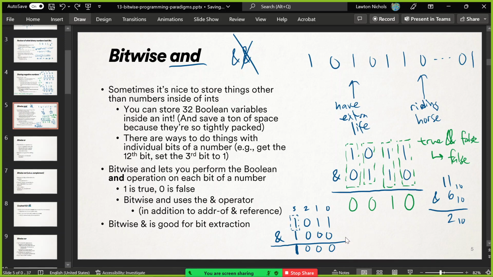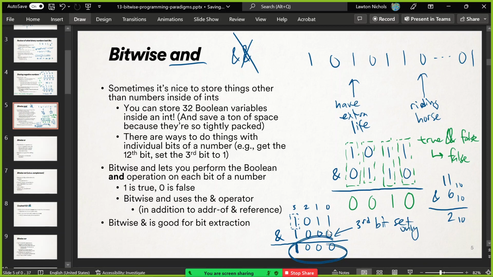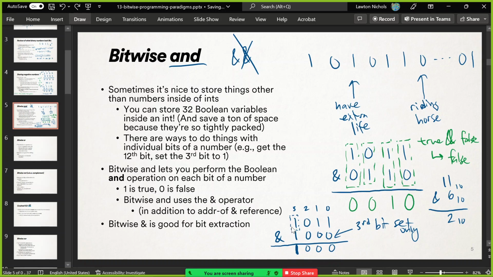If the resulting number, from ANDing with the number where only the third bit is set, is non-zero, the bit was set. Otherwise, it forces every other bit to 0, and if this one was also a 0, ANDing with a 1 here does nothing. It keeps it 0, so the whole result is 0. That's how you can tell if that particular bit was set or not.